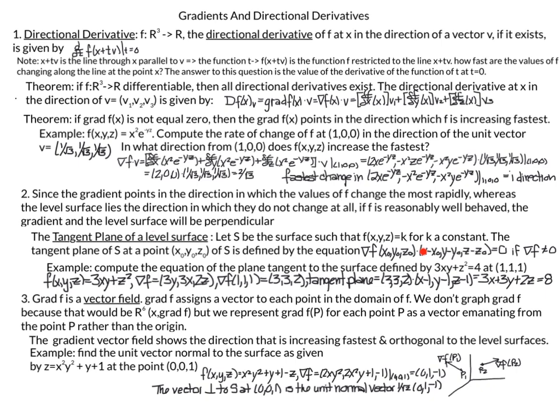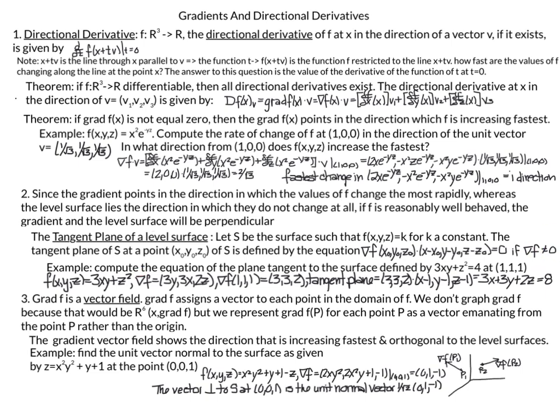Since we're trying to find the equation of the plane, we're going to use a representative point x, y, z minus the point that we know is on the plane, x naught, y naught, z naught. When we dot it with our gradient, we should get 0. This equation will give us an equation of a plane. And of course, we're assuming that the gradient is not equal to 0.